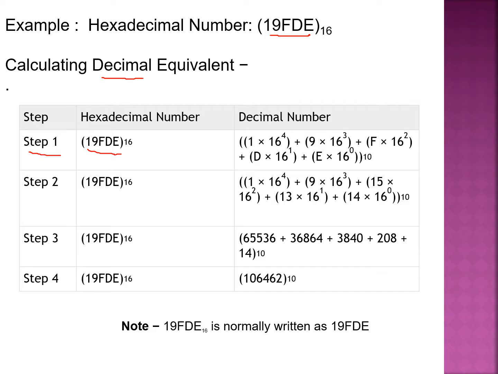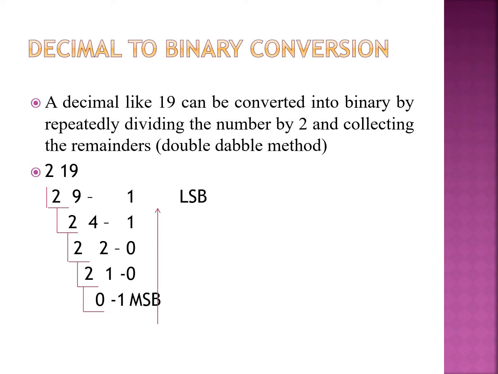Now moving forward, here I am going to convert a decimal number into a binary number. The decimal number is 19. To convert this number into binary, we divide it by 2. Dividing by 2, we get 9 as quotient and 1 as remainder. Again 9 divided by 2 gives 4 as quotient and 1 as remainder.